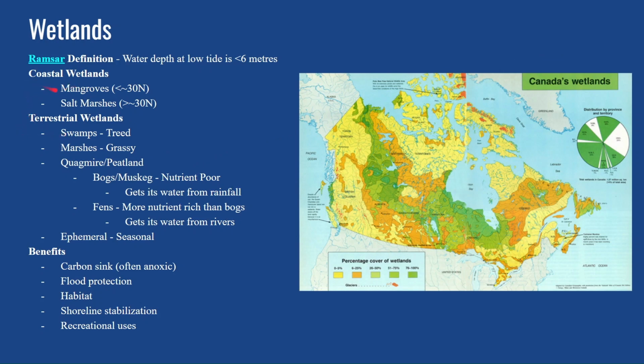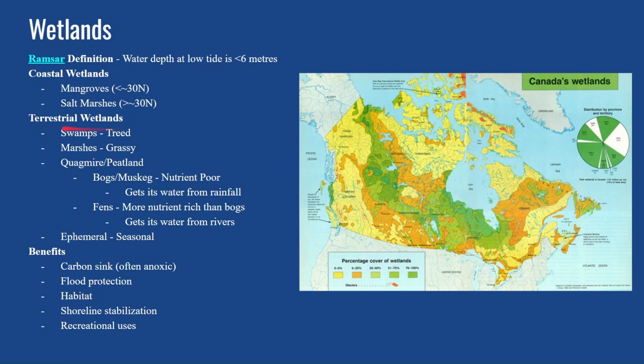In terms of coastal wetlands, if you're in a coastal environment that can support a wetland, if you're between 30 degrees north and 30 degrees south, you'll tend to get mangroves. And if you're above that in either hemisphere, then you'll get salt marshes.